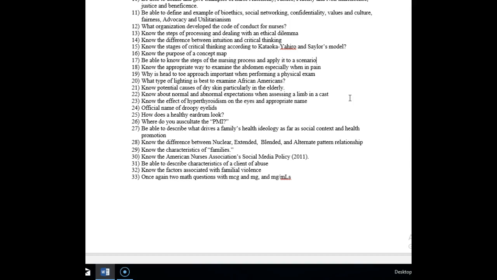For instance, when you palpate a person, using the tips of your fingers and pushing down a little bit, you've got to know that you palpate the tender areas, or the areas that they say hurt, last. And usually palpation occurs right after inspection. So right after you look at it, then you palpate.